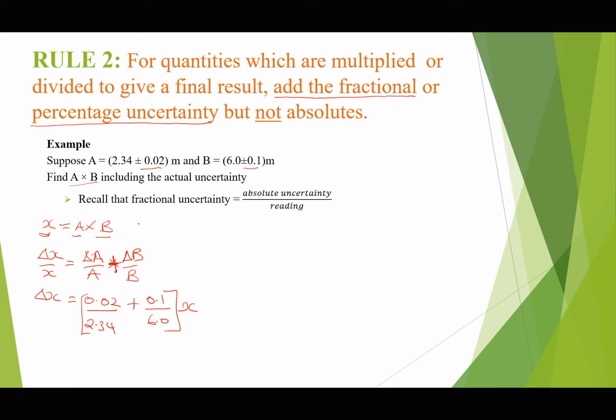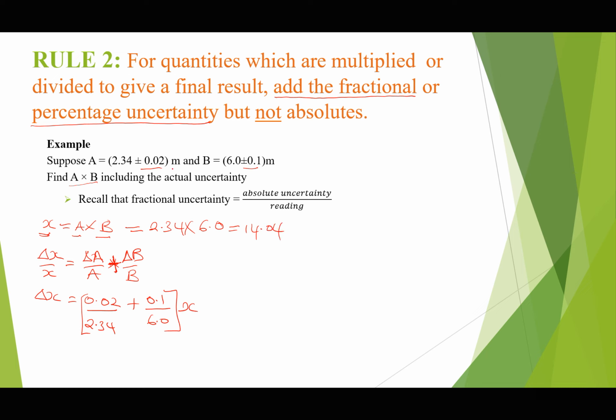By the way, what is x? Let's find x here. X is going to be the true value of a, 2.34, multiplied by the true value of b, which is 6.0. And my calculator is giving me 14.04. You can also check yours.